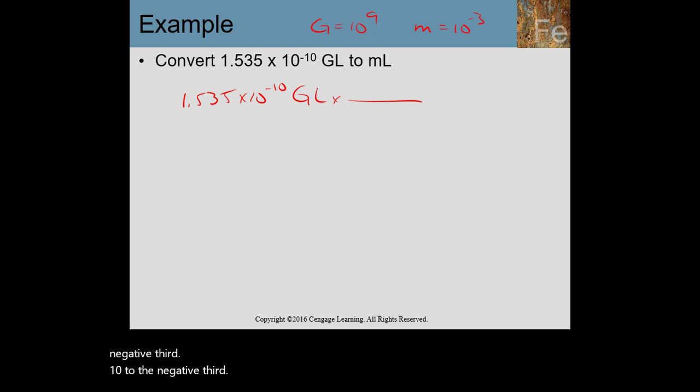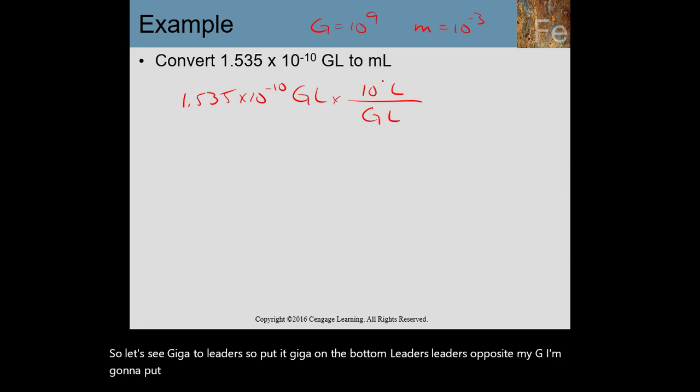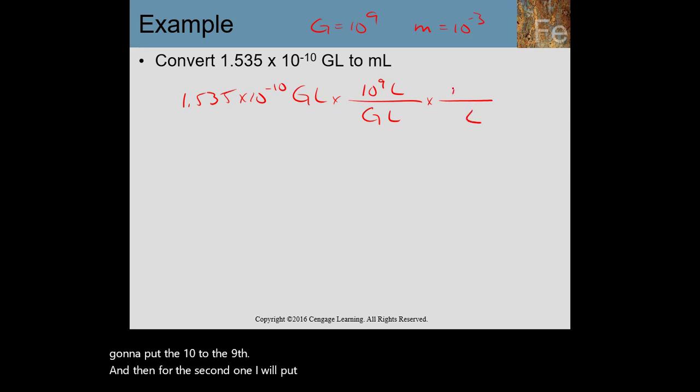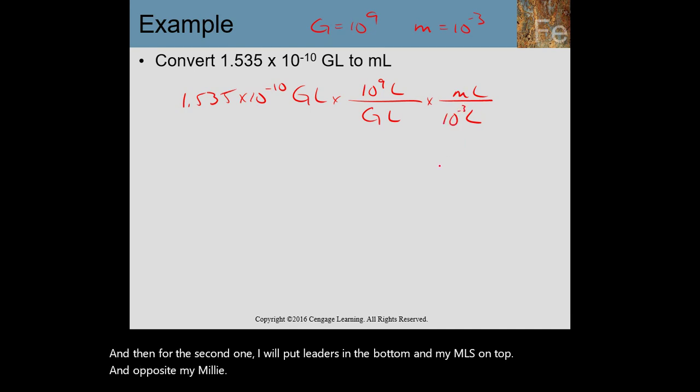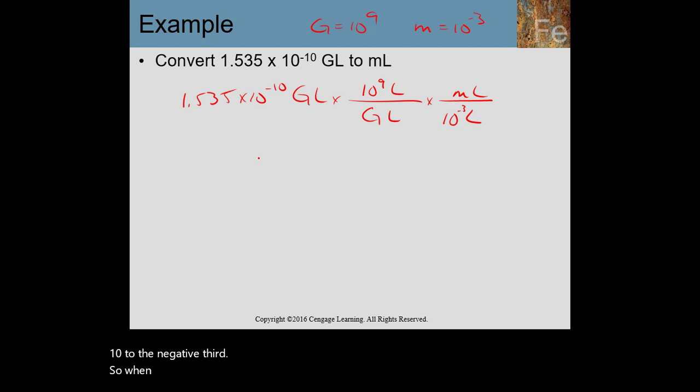Okay, so let's see. Giga to liters. So I'm going to put a giga on the bottom. Liters. Opposite my G, I'm going to put the 10 to the 9th. And then for the second one, I'm going to put liters on the bottom and my milliliters on top. And opposite my milli, 10 to the negative 3rd. So when I do this, I get that answer to be 1.535 times 10 to the second milliliters.